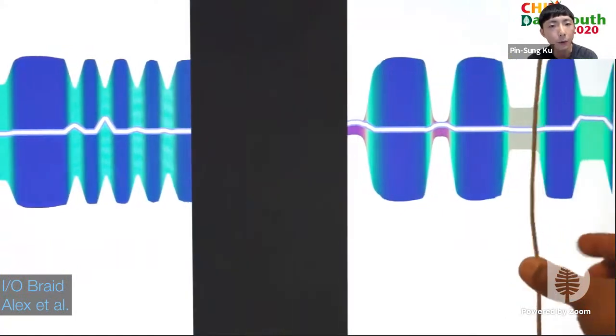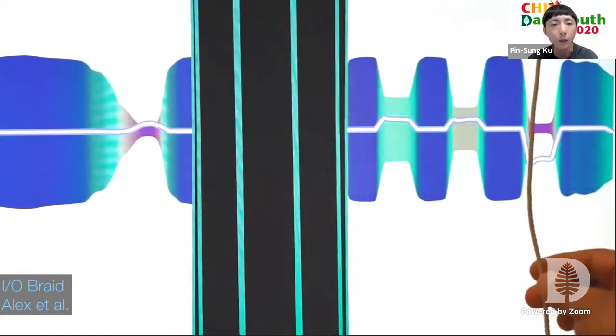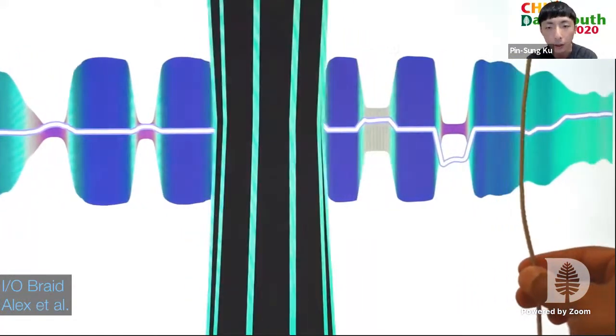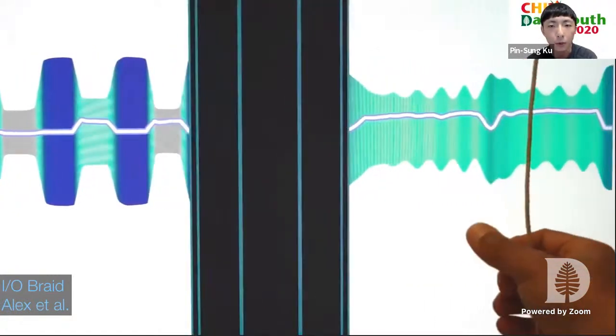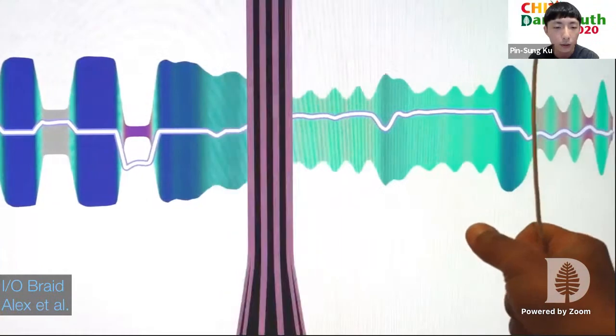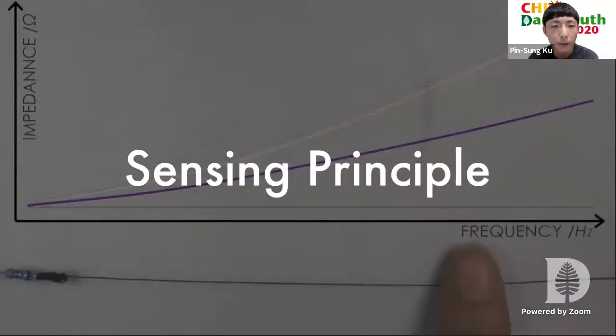Another work, I/O Braid, creates an interactive textile cord with embedded sensing and visual feedback that can be integrated into headphones or drawstrings on garments. It can sense proximity, touch, and twist through a spiraling, repeating braiding topology. Compared with previous works, ThreadSense has the advantage that it works on very thin threads with a simple structure, which is a line of resistive material and cannot be supported by the existing methods.